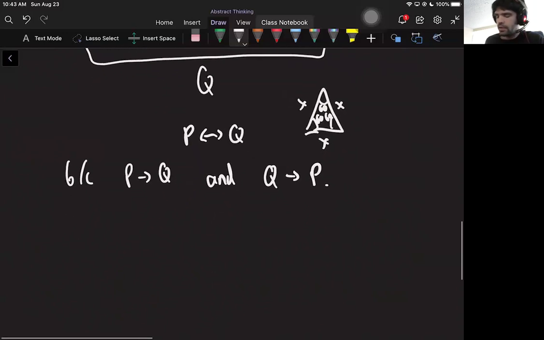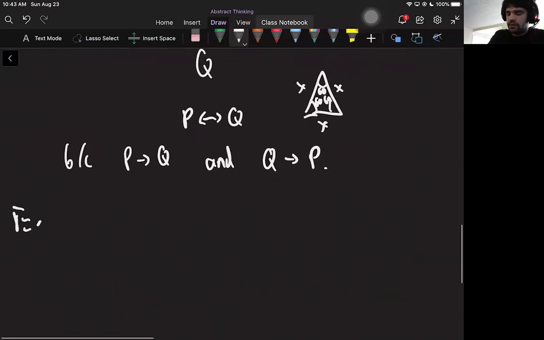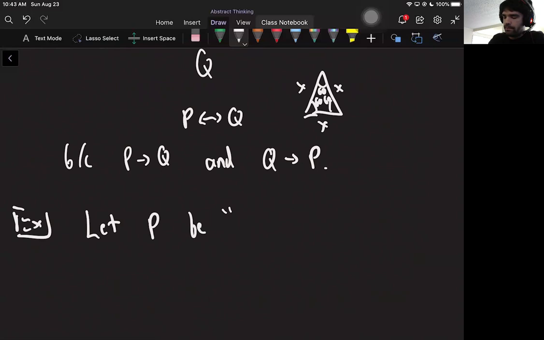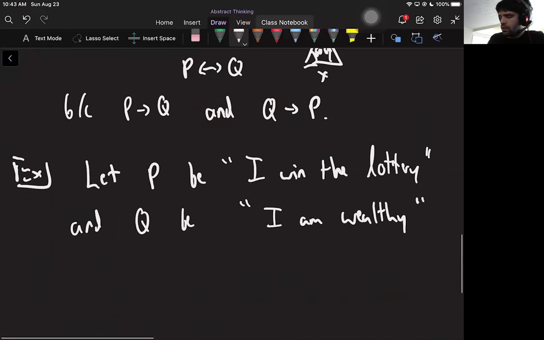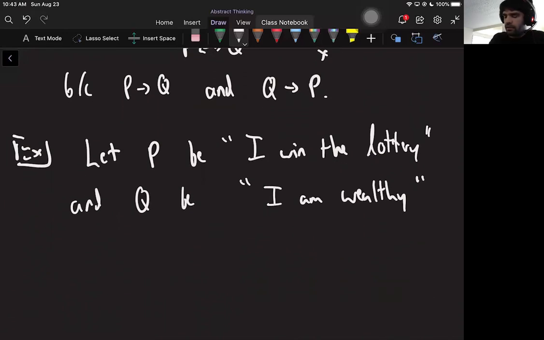Okay, so it's also good to see non-examples. Those are much easier to find than examples. So if I let P be, I win the lottery, and I let Q be, I am wealthy, well, if you win the lottery, it does follow that you must be wealthy automatically.